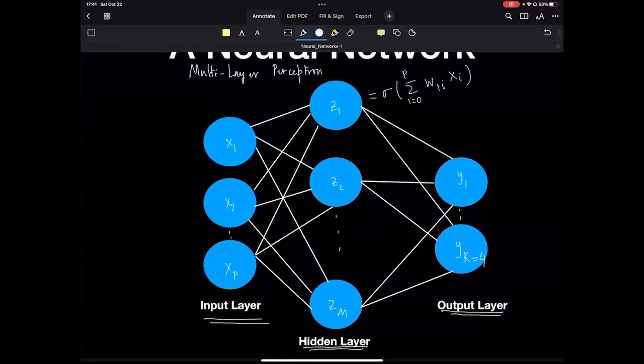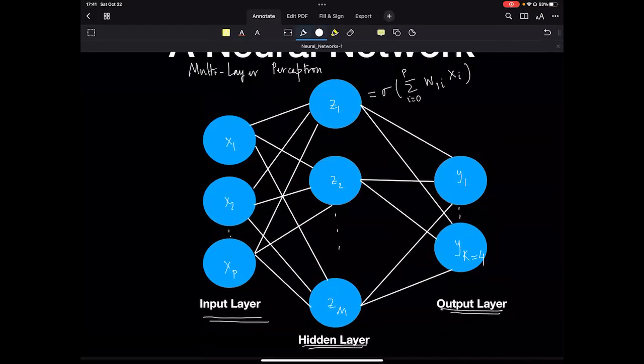This is perhaps the simplest of the neural networks that one can construct. I only have one hidden layer in this particular network configuration. When people start talking about deep learning, they essentially introduce more hidden layers. As I have more and more hidden layers, the depth of my model increases.